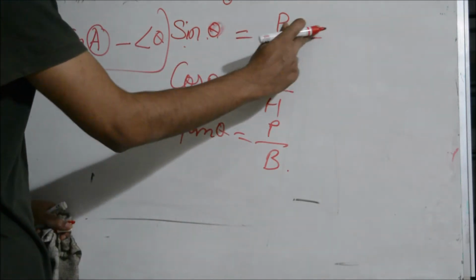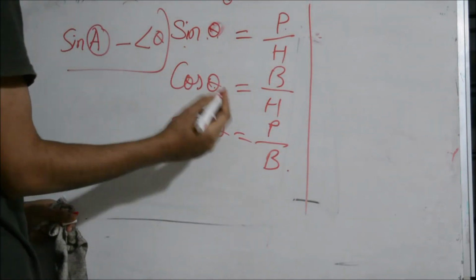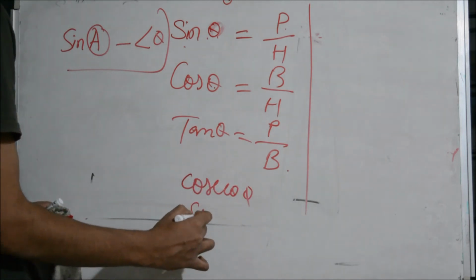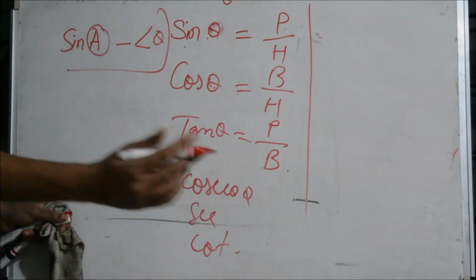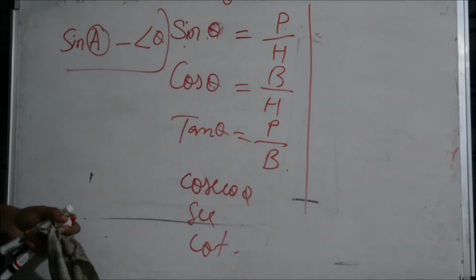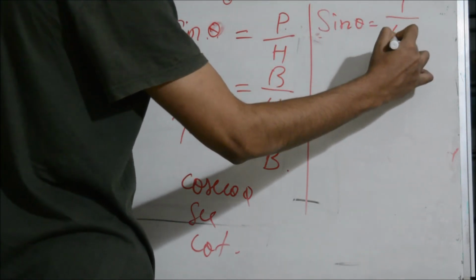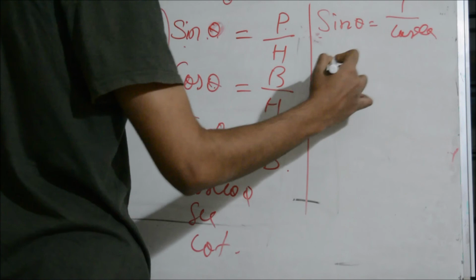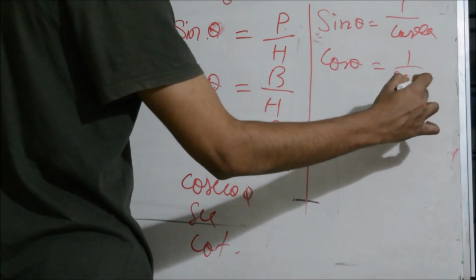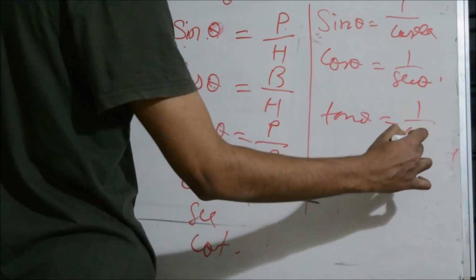Again we have their reciprocals: cosec theta, sec theta, and cot theta. We have already discussed these six ratios. And the most important relations we have to remember are that sin theta is equal to 1 by cosec theta, cos theta is equal to 1 by sec theta, and tan theta is equal to 1 by cot theta.